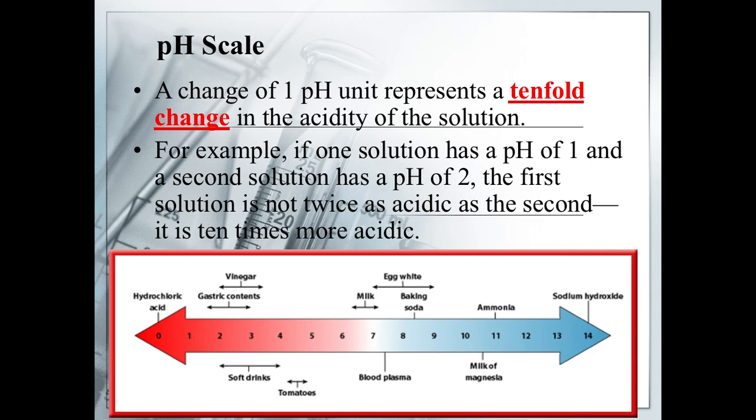The pH scale is a logarithmic scale which is based on the power of 10. So, a difference of 1 pH has a 10 times difference in acidity. If you go from a pH of 1 to a pH of 3, that's 2 pH units, which is 10 times 10, which would be 100 times more.